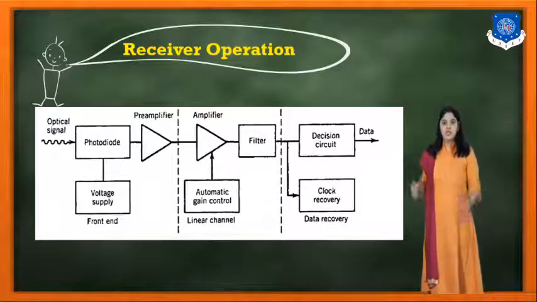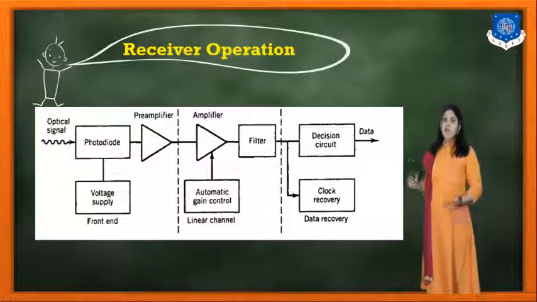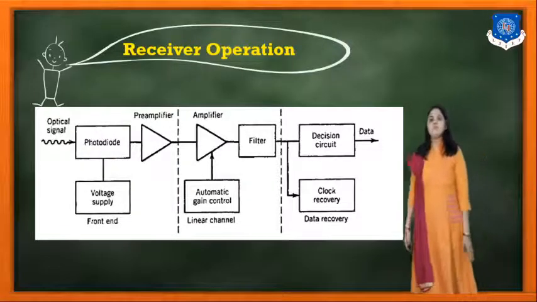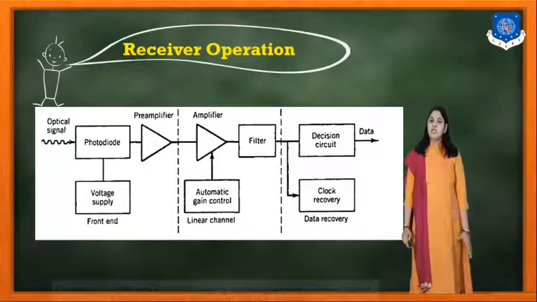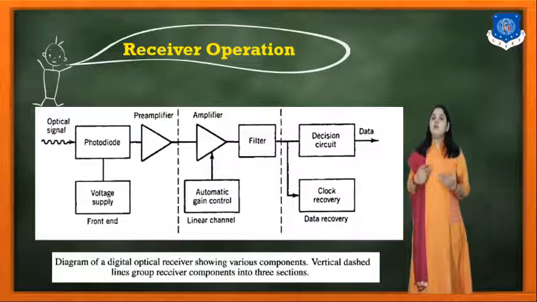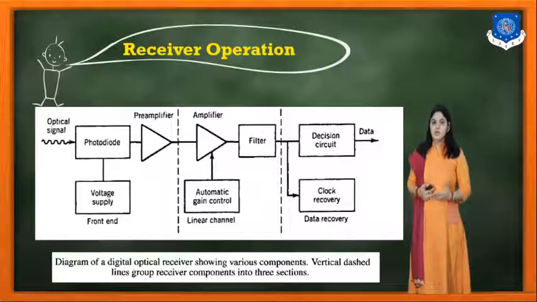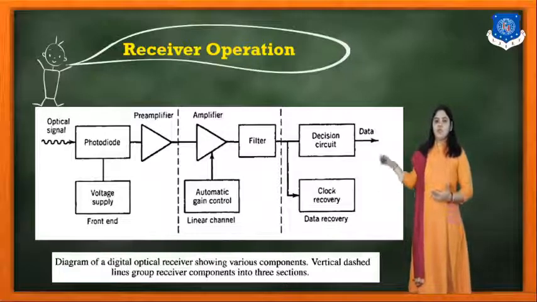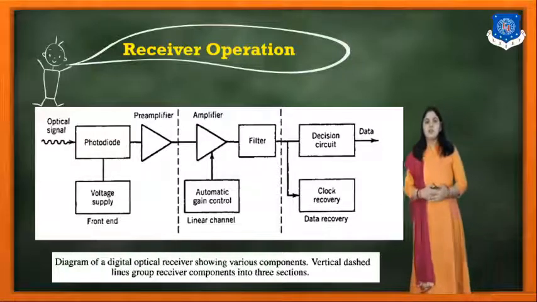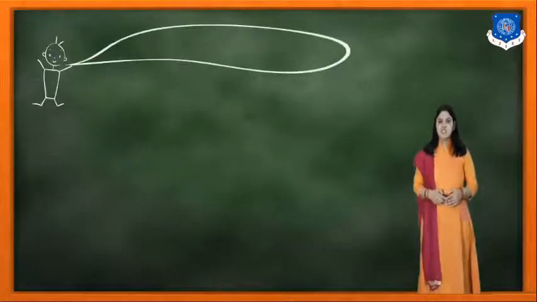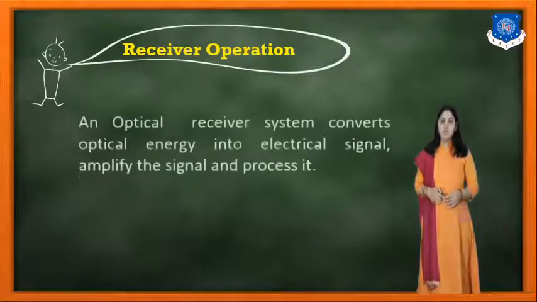So here the front end, linear channel, and data recovery are the three basic blocks in any kind of digital optical receiver block diagram. The vertical dashed lines group the receiver components into the three particular sections that we have seen over here.